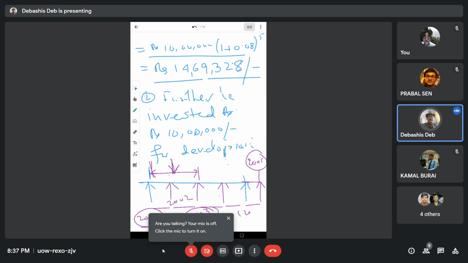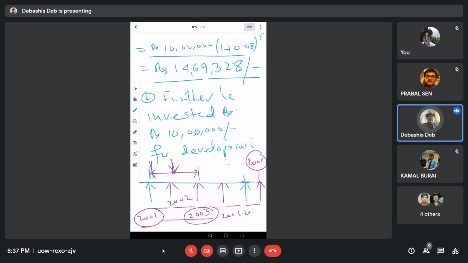This much I want to clarify. For the first case, no problem. Since the money has been invested for a period of 2 years, you cannot say that, sir, 10 lakhs has been invested on the first day. Neither was it invested on the first day, nor on the last day, but it was spread over 2 years.